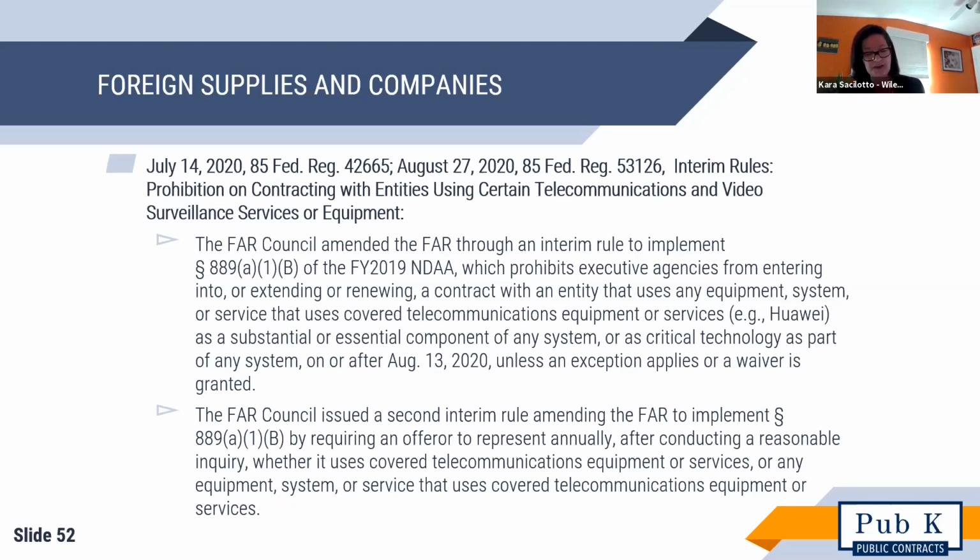So essentially, the idea is to preclude companies that do business with the government from using these prohibited Chinese telecom services, and also equipment that uses the prohibited Chinese telecom services.